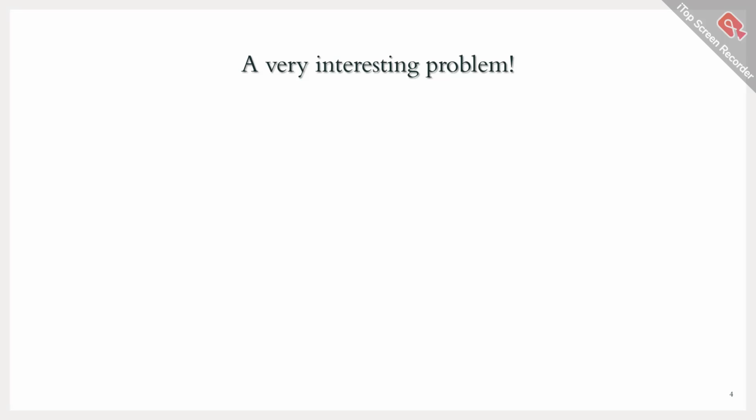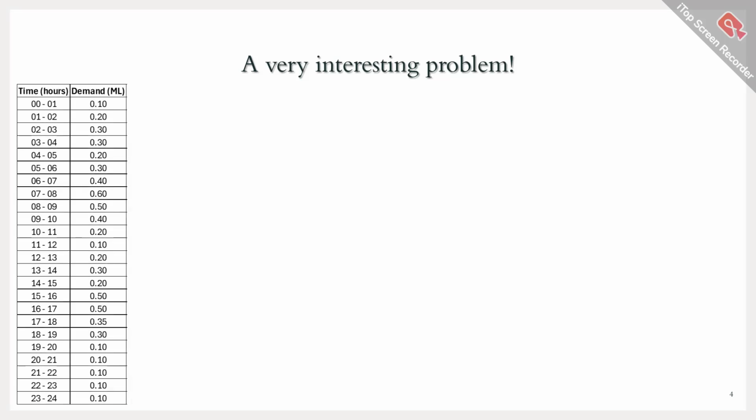So we'll see the problem first. A table is given. At the left hand column of the table, time is written in hours. So starting from 0 to the first hour, then first to second hour, 2 to 3, 3 to 4, in this way the data of an entire day is covered.